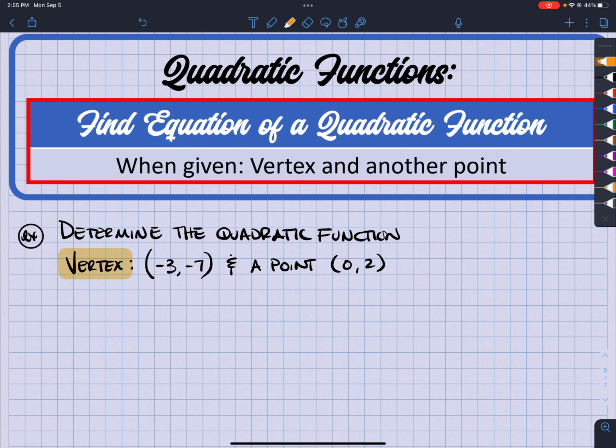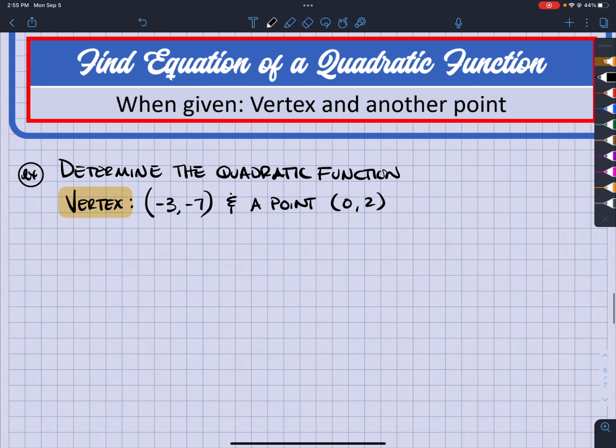So with a quadratic function and vertex, that tells me I ought to use the vertex form of the quadratic function, which is f of x is equal to a times x minus h squared plus k.